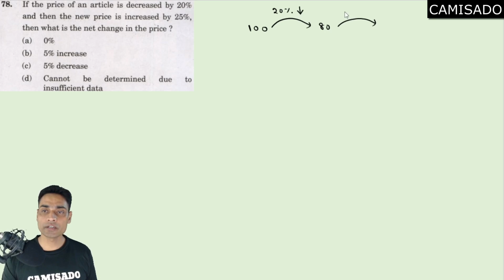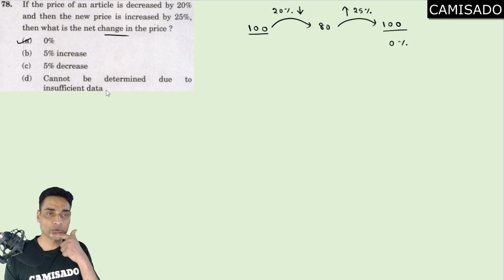Again there is an increase of 25%, it will become 100 again by the increase of 25% in 80. So what is the net change? Net change is 0%. Initially we started with 100 only, finally we are also getting 100 only, so there is no change in price, net change is 0%.